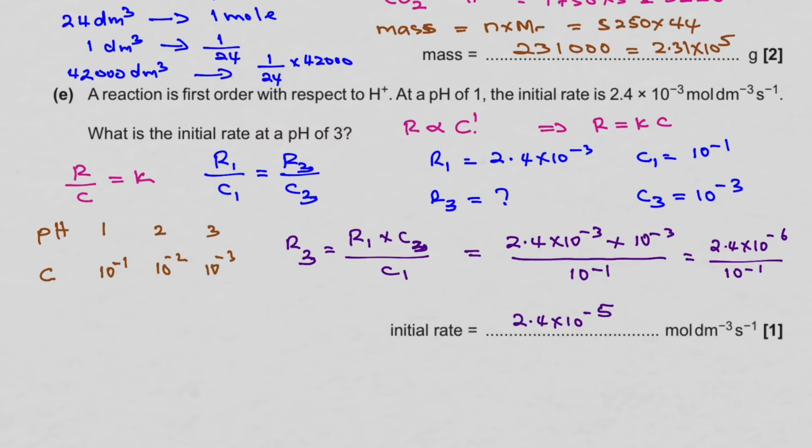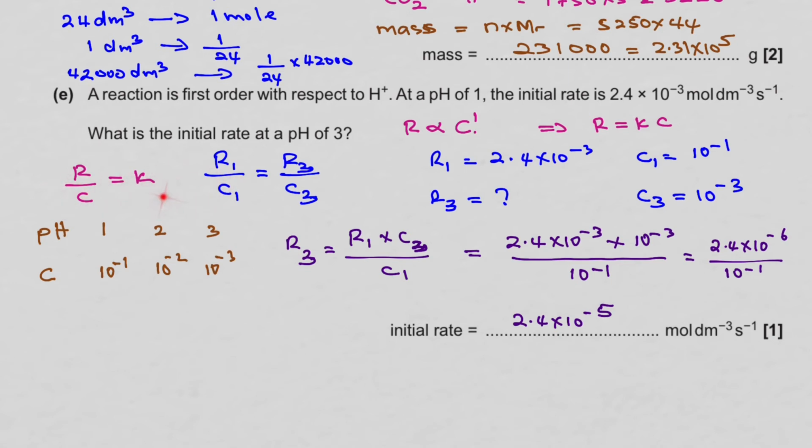Well, what that meant is rate is directly proportional to concentration to power 1 because it's first order. Rate is directly proportional to concentration to power 1, which implies that rate equals K times concentration to power 1. And then I just divide both sides by C, so rate over concentration equals K.